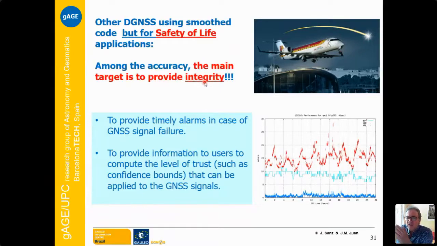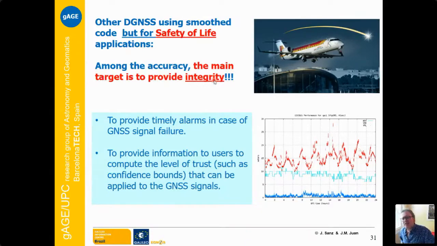These are for safety of life applications, like avionics, civil aviation. And the target here is not only to improve accuracy, but also, and this is the main target, to provide integrity.